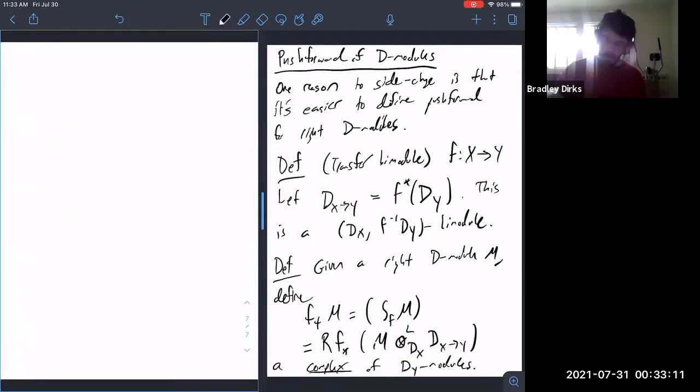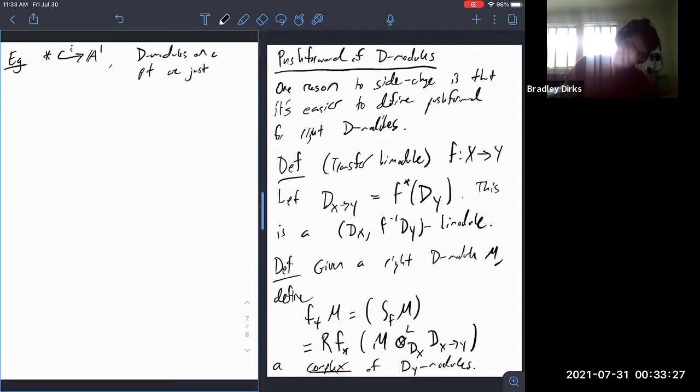Okay, so maybe I'll just give an example and not show why this gives the right answer. If we do an inclusion of a point into A^1, D modules on a point are just C vector spaces. And so let's look at how to push forward just C. This is studied when you look at something called Kashiwara's equivalence.